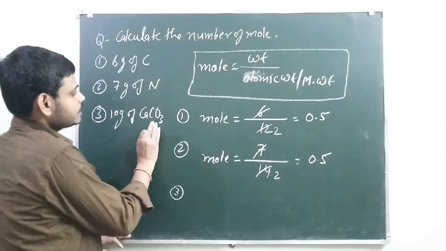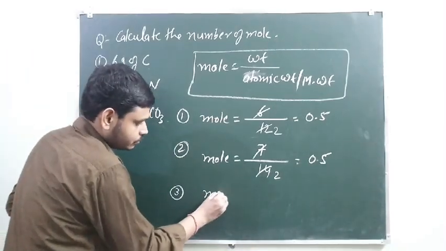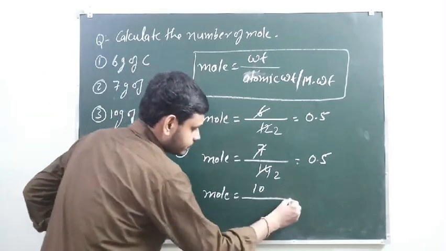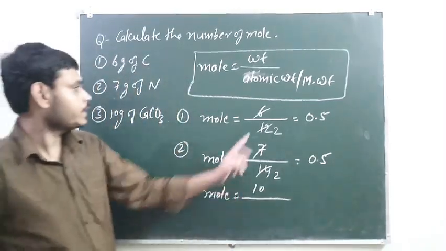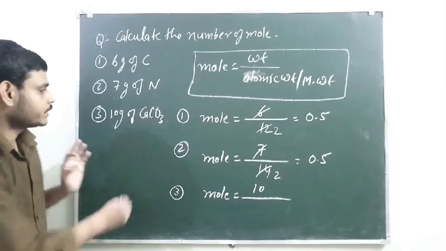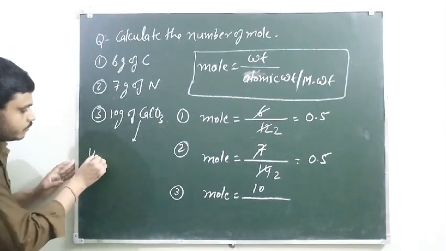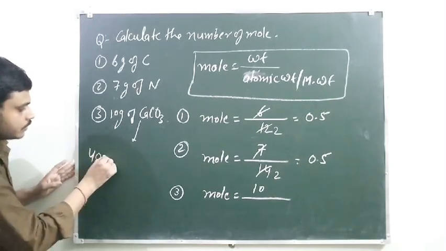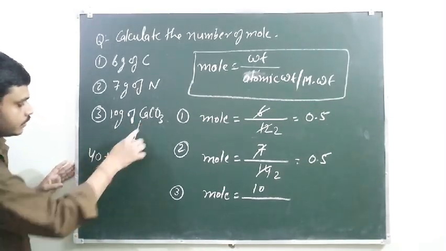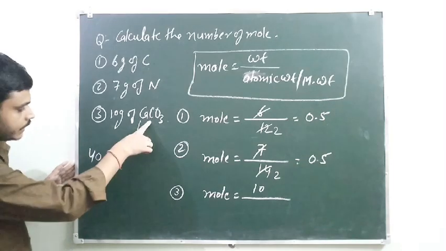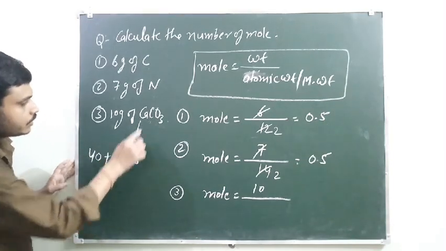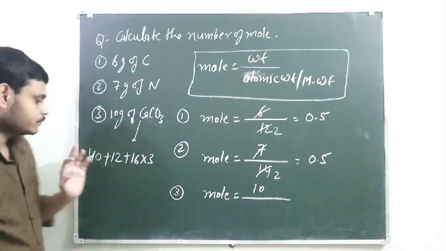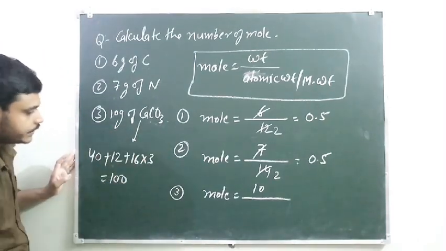Third, 10 gram of calcium carbonate. We know that mole is equal to weight, 10 gram of calcium carbonate, divided by molecular weight of calcium carbonate. The molecular weight of calcium carbonate is 40 for calcium, 12 for 1 carbon atom, and 16 for 1 oxygen atom into 3, because there are 3 oxygen atoms, which is equal to 100.